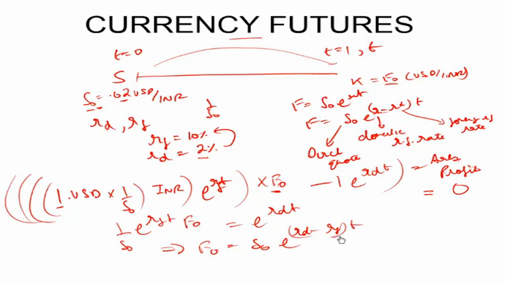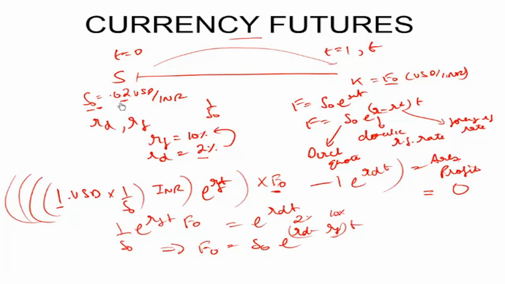So if the Indian risk-free rate is 10% and the US risk-free rate is 2%, then the forward price of the currency will be lower than the spot price, because this will be negative. It will be e raised to power 2 minus 10.